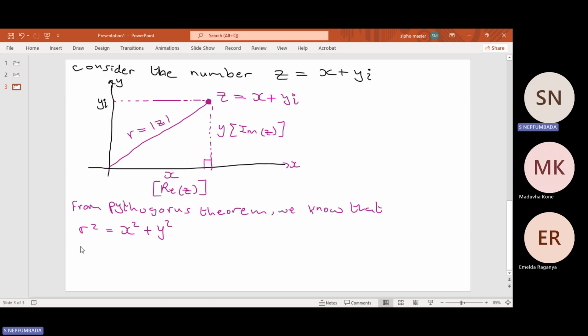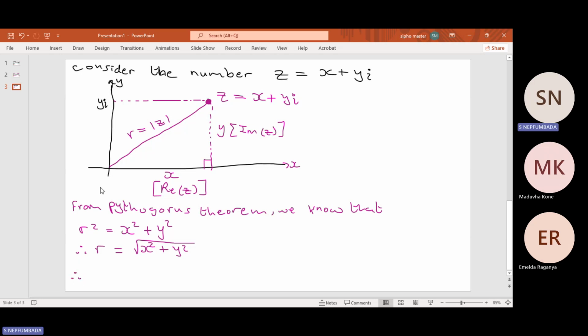Therefore, if we square root both sides, we will find that indeed our r is nothing but the square root of what? Of x squared plus y squared. But what is our r on the diagram?